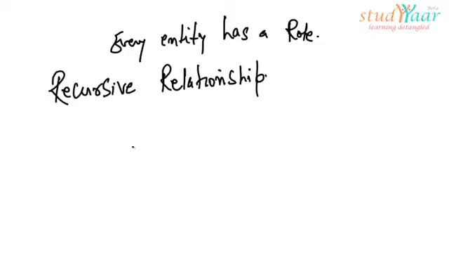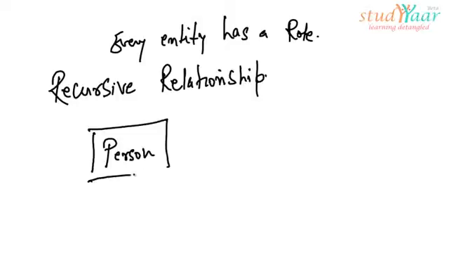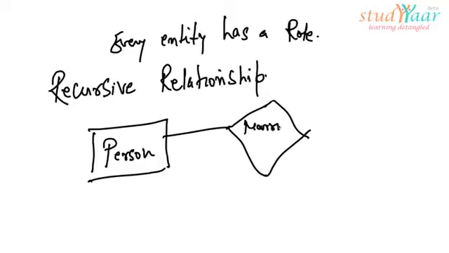Say we have a set like person. Okay? And we have a relationship, marriage. Marriage is a relationship, okay?